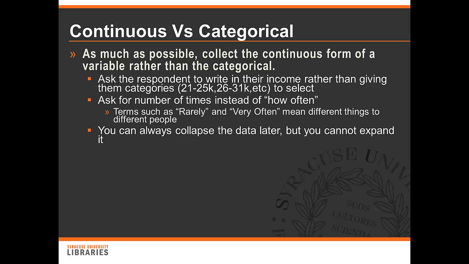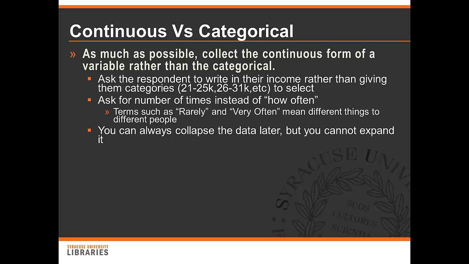Ask for the number of times they do something per day, week, or month, etc., instead of how often. Terms such as rarely and very often can mean different things to different people. Remember, you can always collapse or categorize the continuous data later on, but categorical data cannot be expanded into a continuous form.